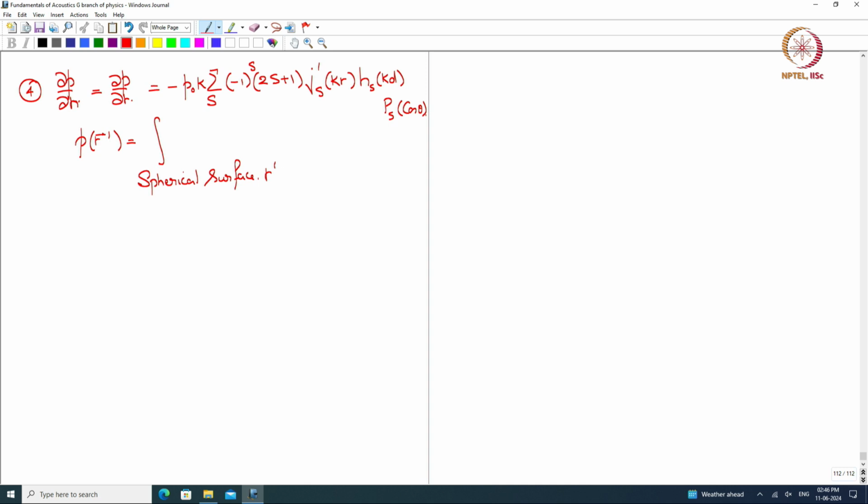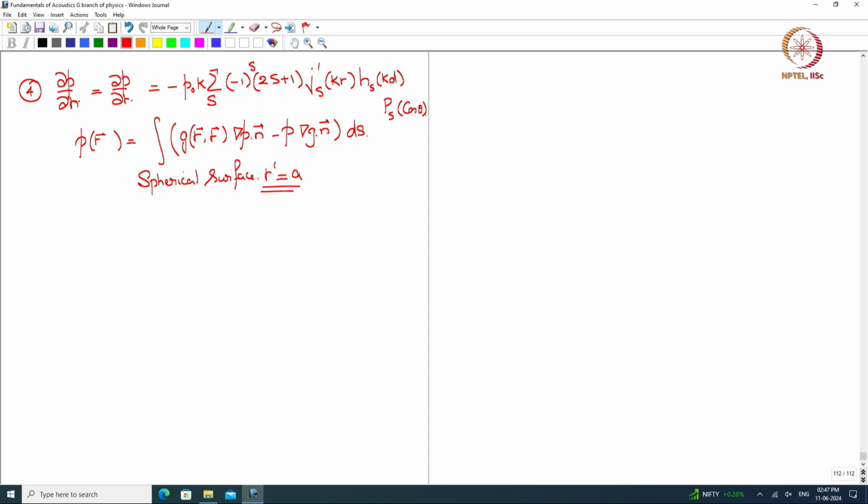Okay, r dash equal to a, and what is that? I have g r dash del p dot n minus p del g dot n ds.